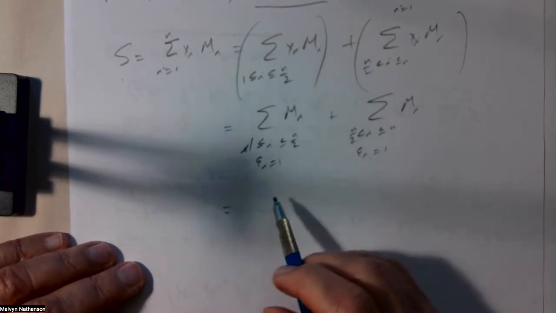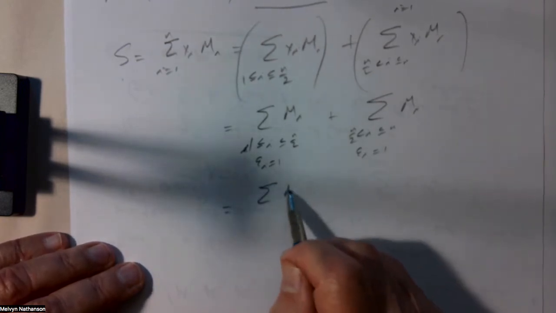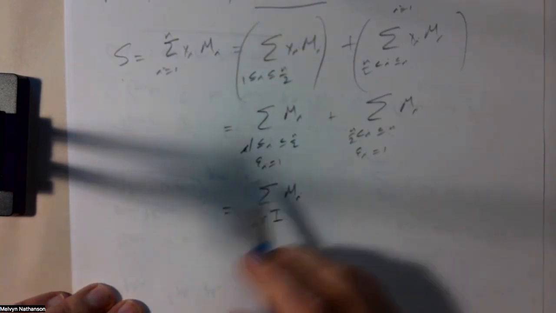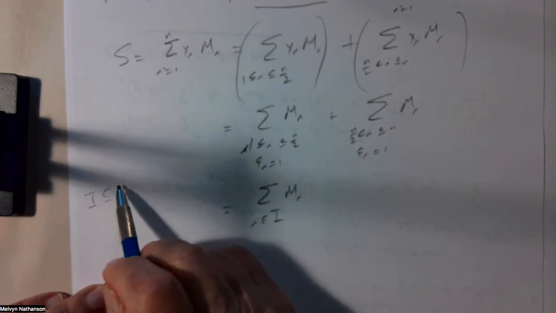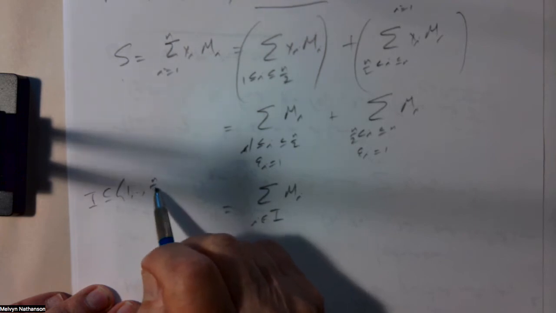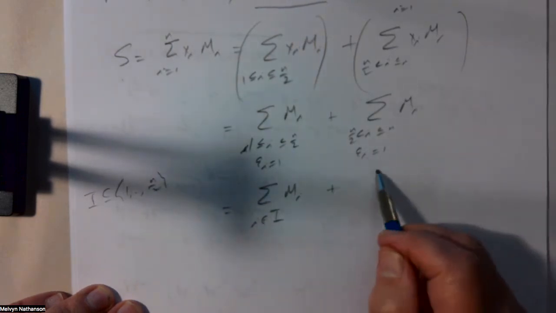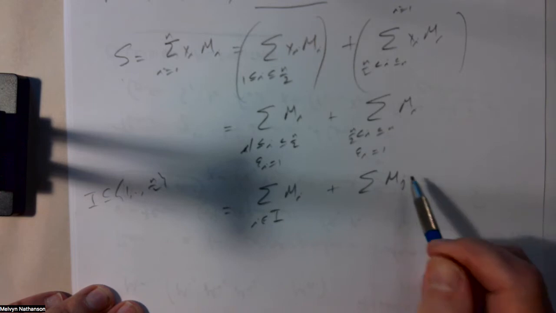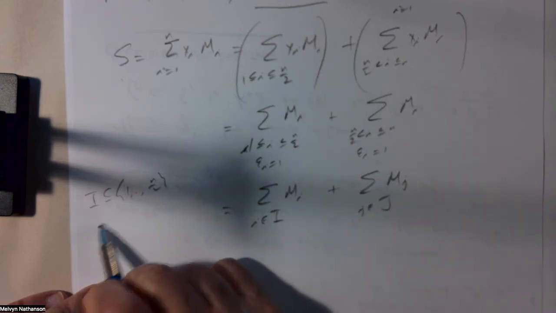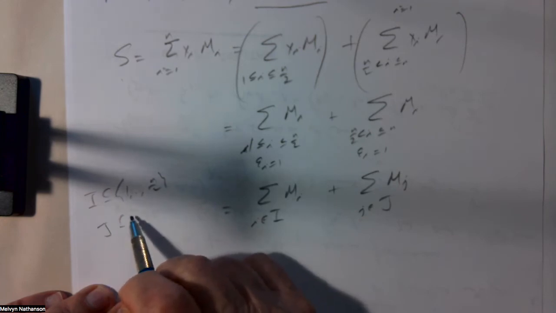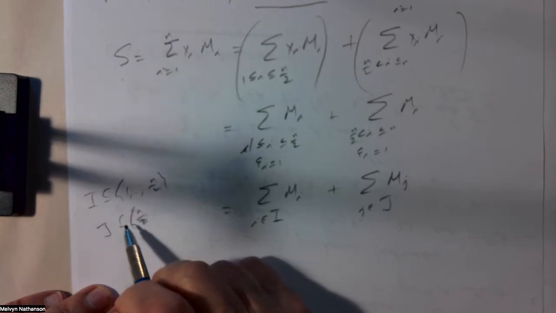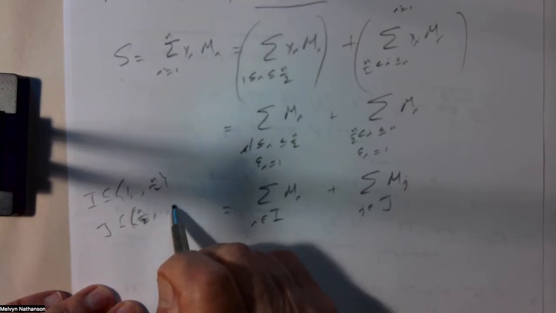Or another way of saying this is a sum of m sub i for i in a set capital I, where capital I is contained in the integers from 1 up to n over 2. And this is a sum of, let me just call them m sub j's, where j is in a set capital J, where J is contained in the numbers n over 2 up to n.